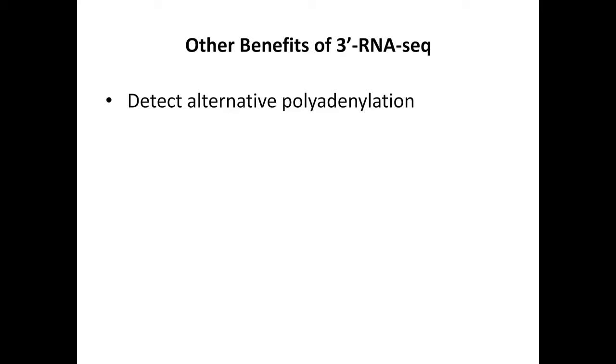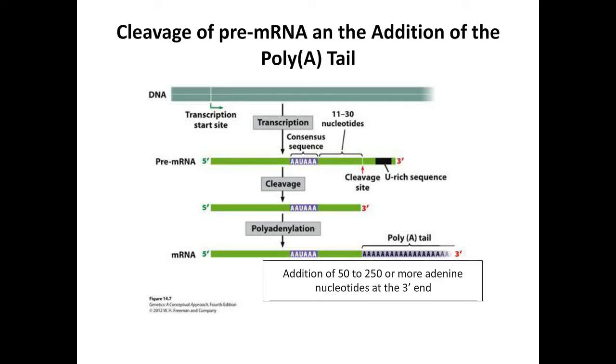Another benefit besides cost saving, there are other benefits of 3' RNA-seq analysis. One of them is to detect alternative polyadenylation. Polyadenylation, we know from basic biology, that in eukaryotes, RNA is transcribed from the gene.